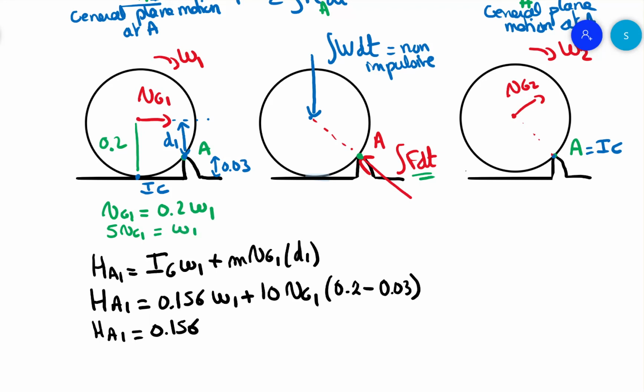So we will replace omega 1 by 5 VG1, plus 10 times 0.17 VG1. And let's simplify this. Oops, let me grab my calculator.